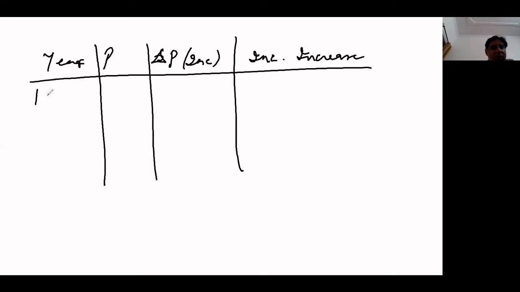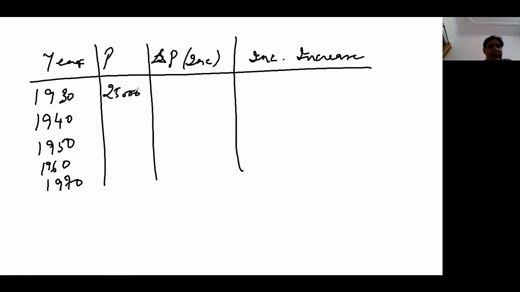We will take the example which we were usually taking: 1930, 1940, 1950, 1960, and 1970. The population was 25,000 and the population was 28,000. Population was 34,000. The population was 42,000 and the population was 47,000, right?